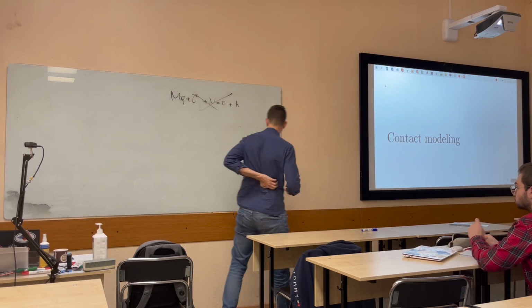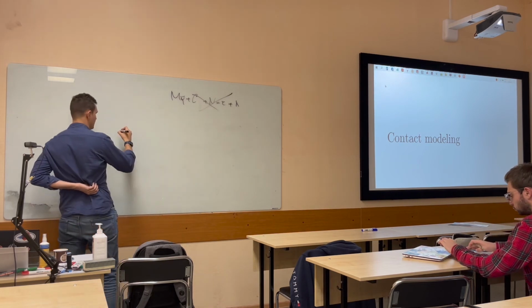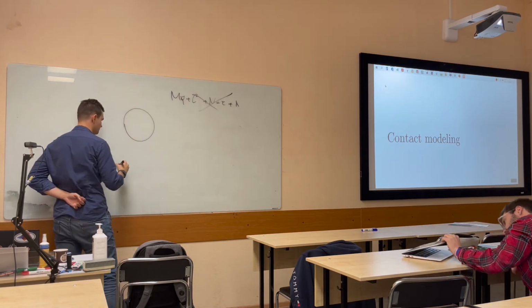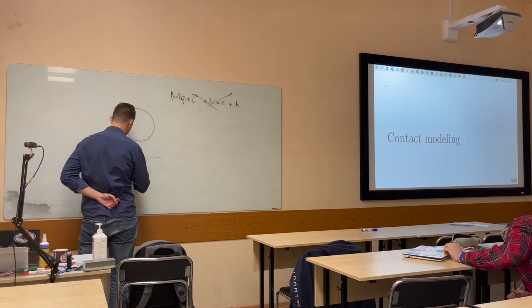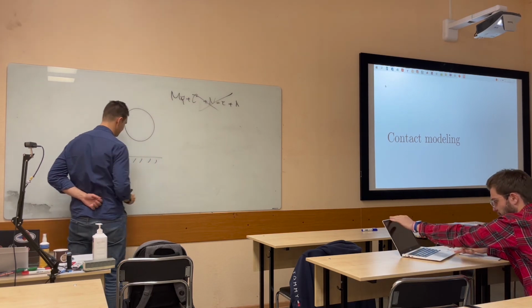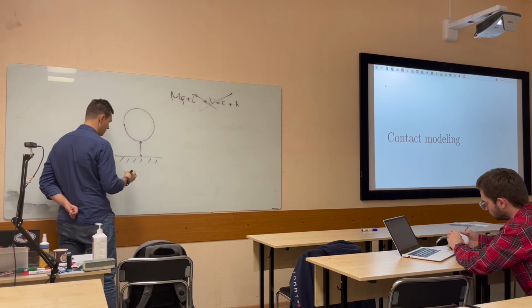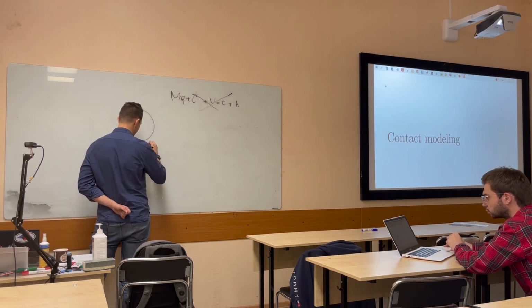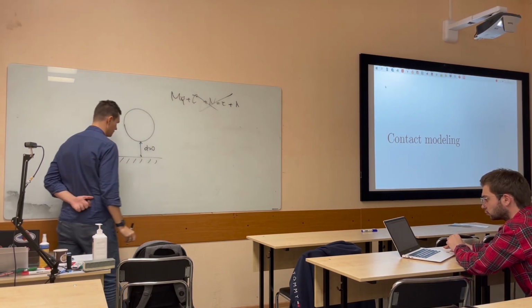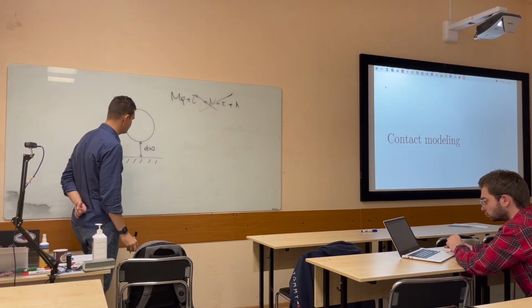So the idea is the following. Let's assume that we have a body, and it is a floor. And between the body and the floor, there is some distance which is greater than 0.